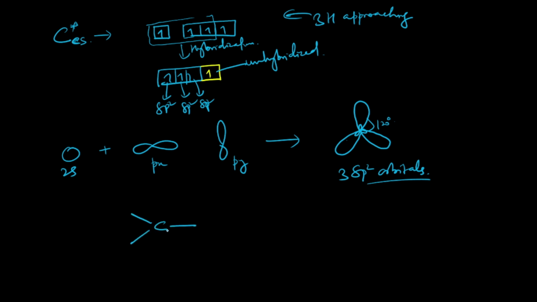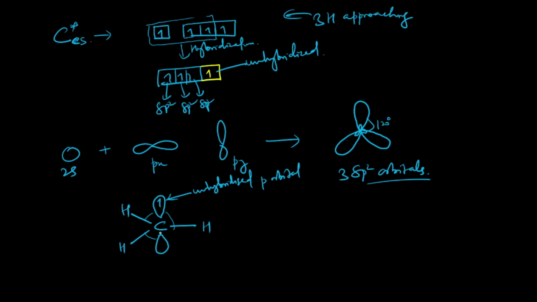It will make three bonds with hydrogen, or whatever you want. This is hydrogen, hydrogen, and hydrogen. Now one is unhybridized, right? So it will be in this form, here and here. In this only one electron will be present. So this is your unhybridized p orbital, and it will be 90 degree with this and with this.